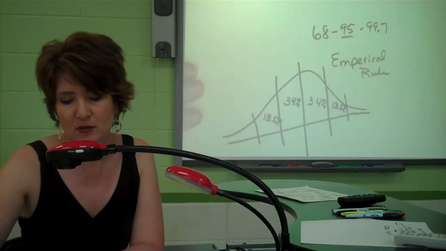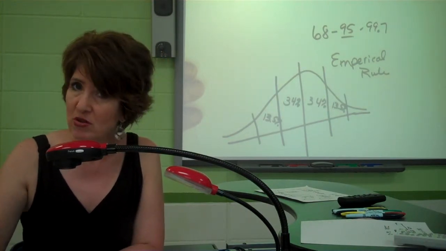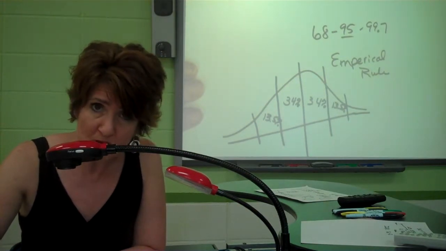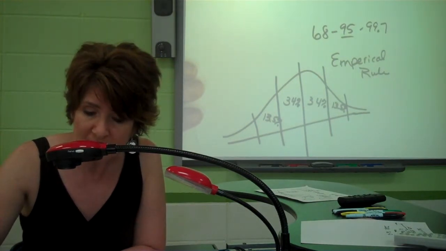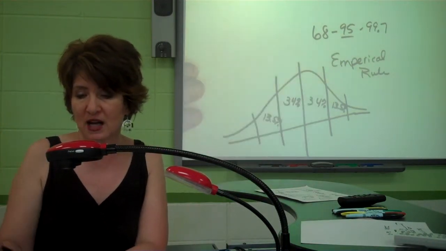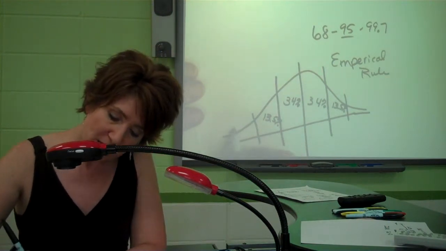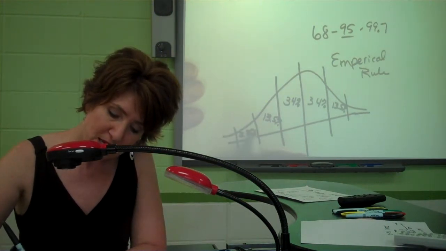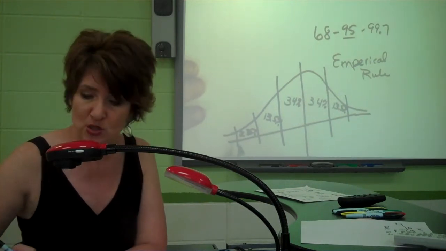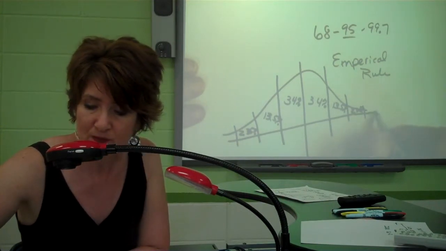Now, it gets a little picky-ticky after this. Probably not used a whole lot, but then we go out to almost 100%, 99.7. And if we subtract the 95 from the 99.7, we get 4.7, we cut that in half, and we get 2.35%. Very, very few kids making this low of a score. Very, very few kids making this high of a score.